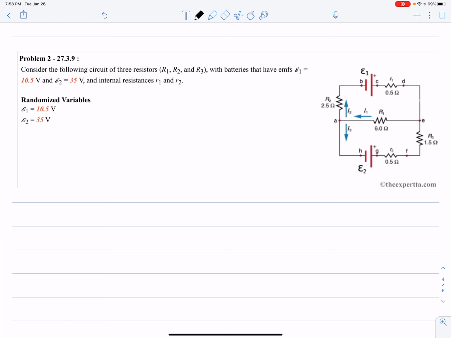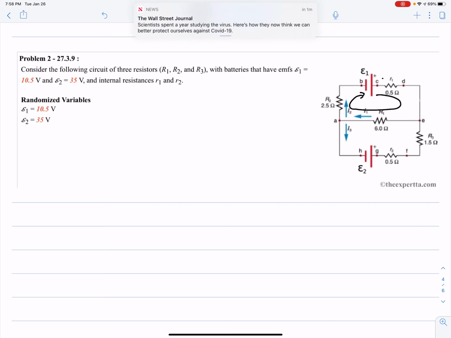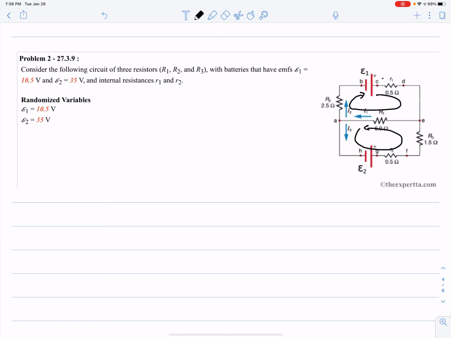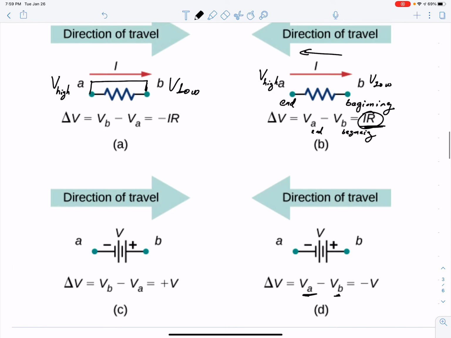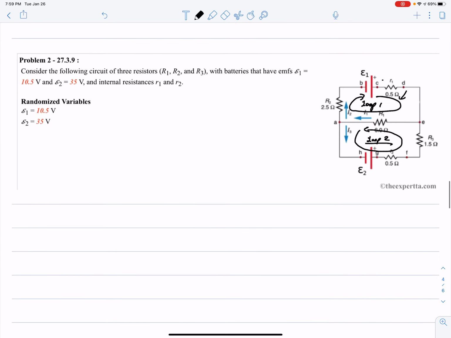I'm going to say this loop right here around, and then I am also going to pick this loop around as well. Loop 1 is going to be clockwise. Loop 2 is going to be counterclockwise. It does not matter which side you choose as long as you are consistent with these rules right here.